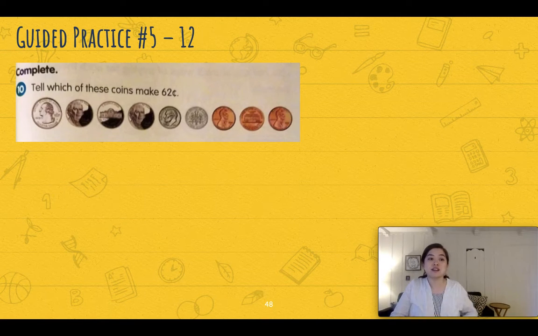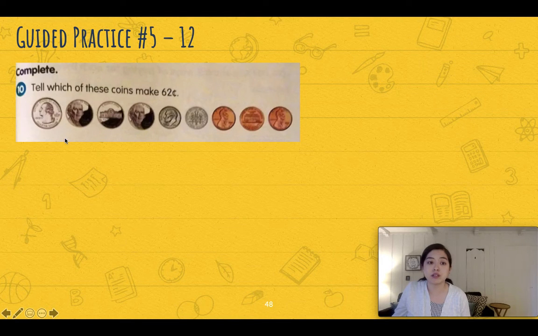All right, let's look at number 10. Which of these coins make 62 cents? First, I'm going to ask myself, are these put in order from greatest value to the least value? Let's see, I have a quarter, then I have three nickels, then I have 2 dimes and 3 pennies.